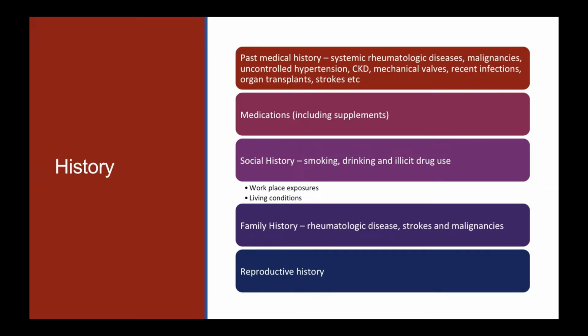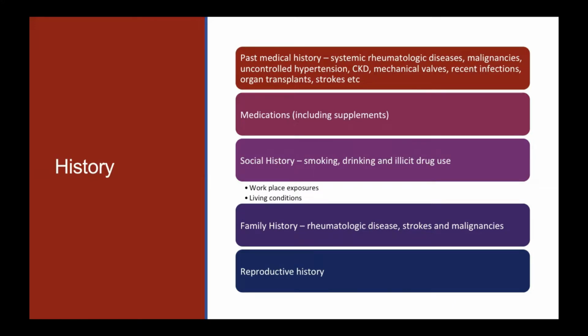Medications, we know that the patient's only taking 4 medications, but always important to include supplements as well, as they might not be listed on the patient's prescription fills. And of course, asking the patient if they're taking their medications or not.